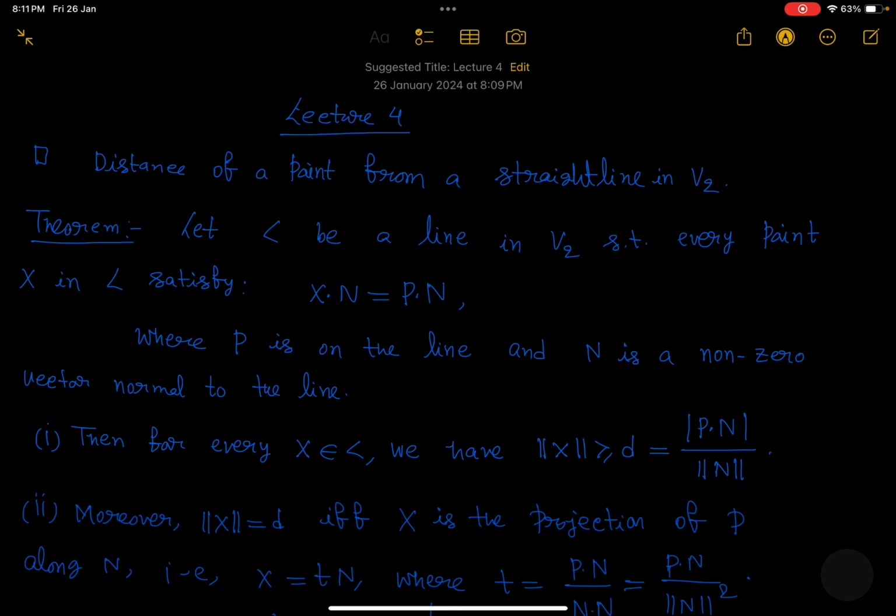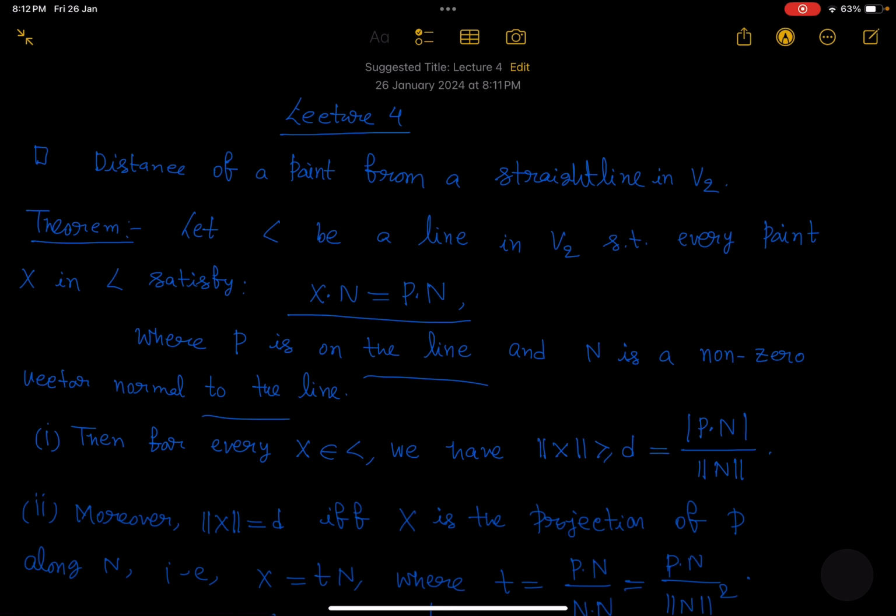Let capital L be a straight line in V2 such that every point capital X in L satisfies this equation. This is basically the equation of the line, where P is on the line and N is a non-zero normal vector to the plane.